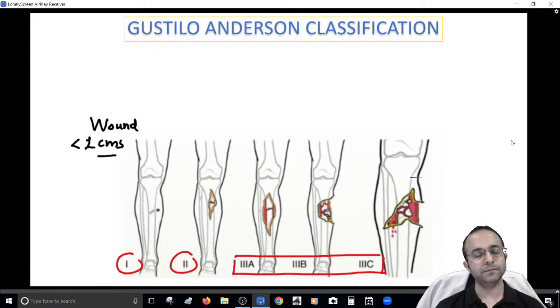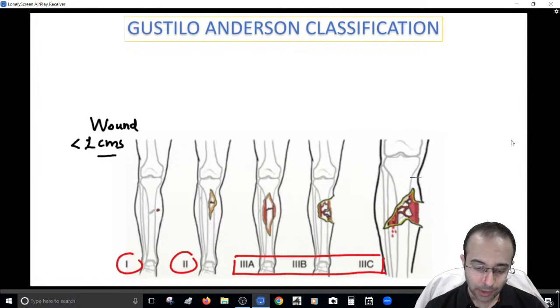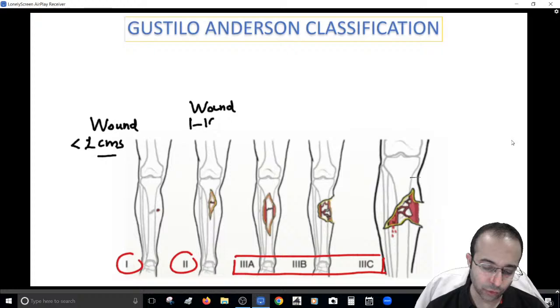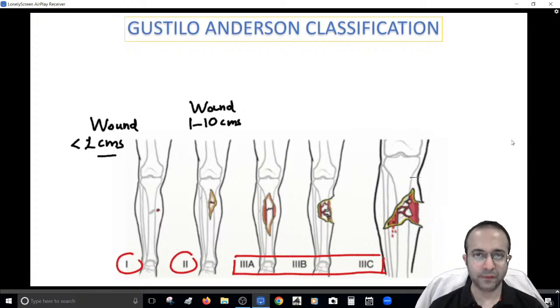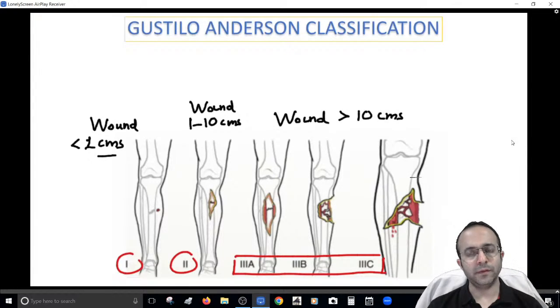When you go to grade 2, the wound size would be between 1 to 10 centimeters. And when you go to grade 3, the wound size would cross 10 centimeters.